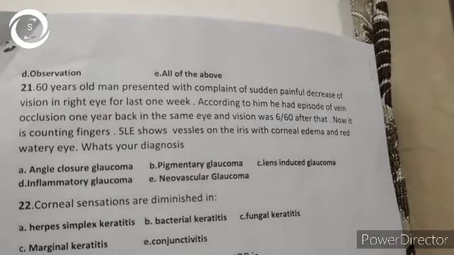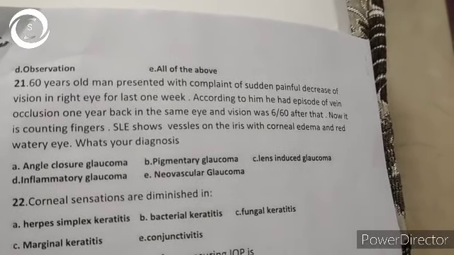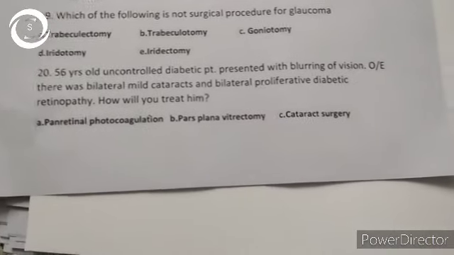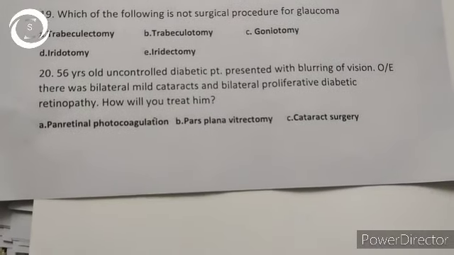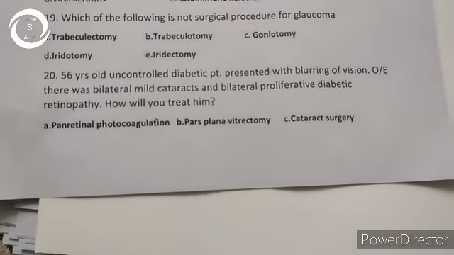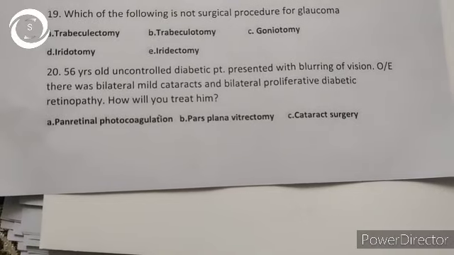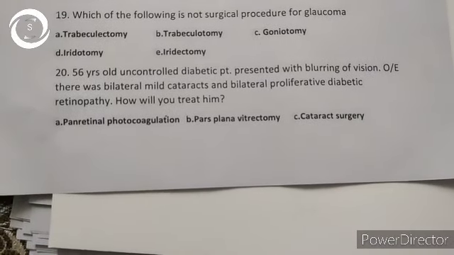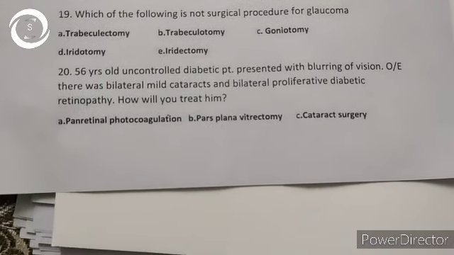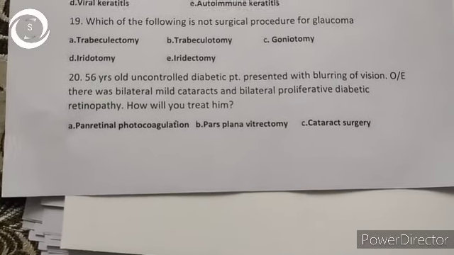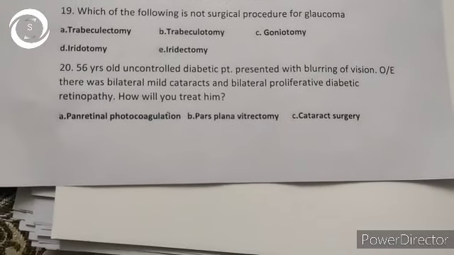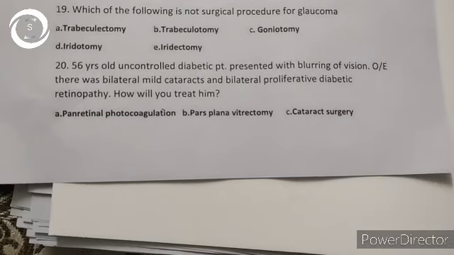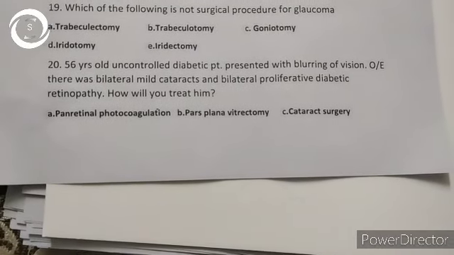Now again come to the scenario. You can see that the patient has proliferative diabetic retinopathy in both eyes. So when the diabetic retinopathy reaches a proliferative state, you cannot observe it. So observation is wrong, which was option D, and option E was all of the above.